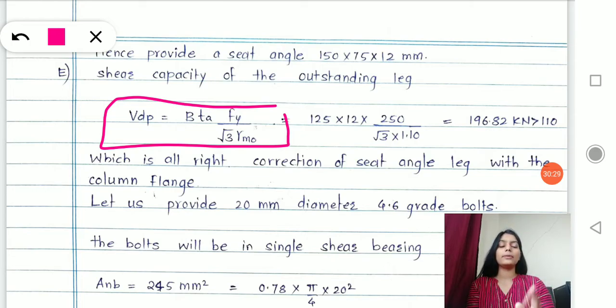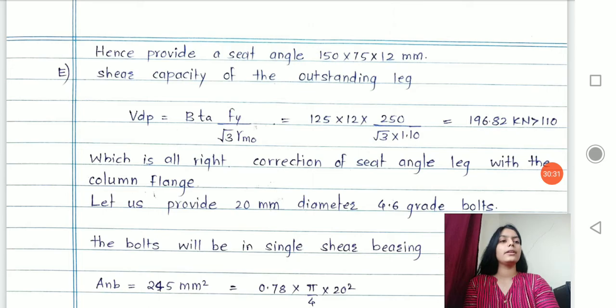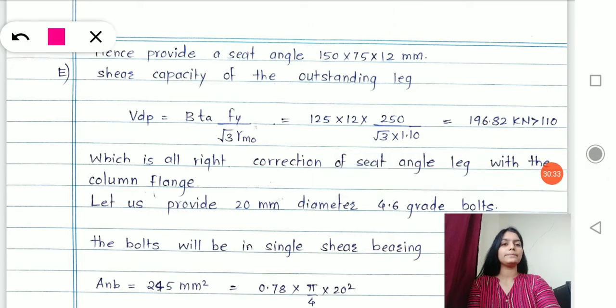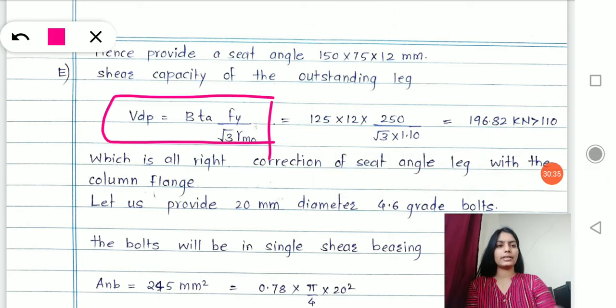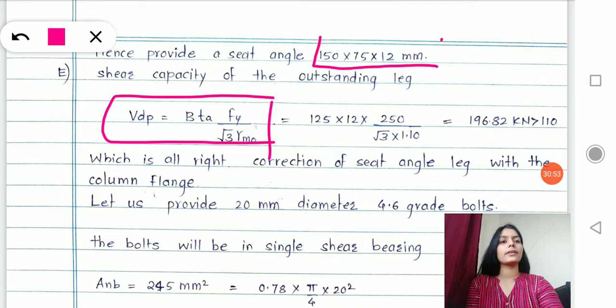Before that, one thing, this is something different. This is not the shear value of a bolt, but here what we are doing is calculating the shear capacity for the outstanding leg. We will calculate the bolt shear value, but for the leg of the angle which I am connecting as a seat, that has to be cross verified with the shear capacity.